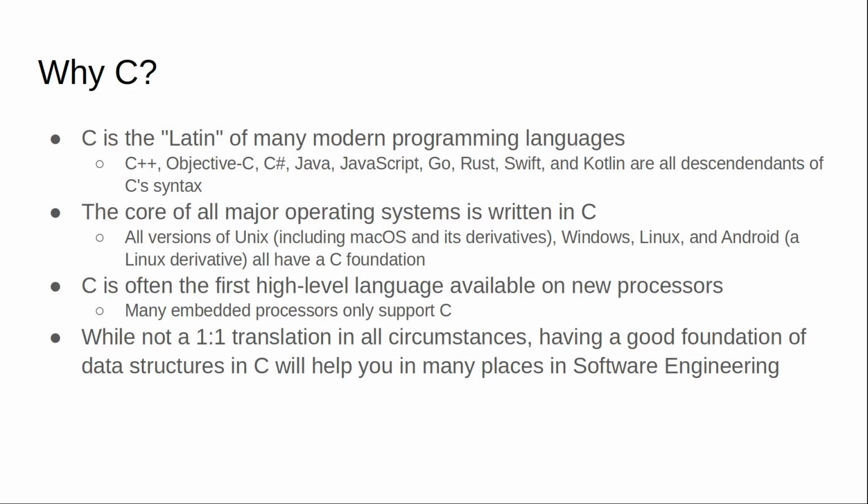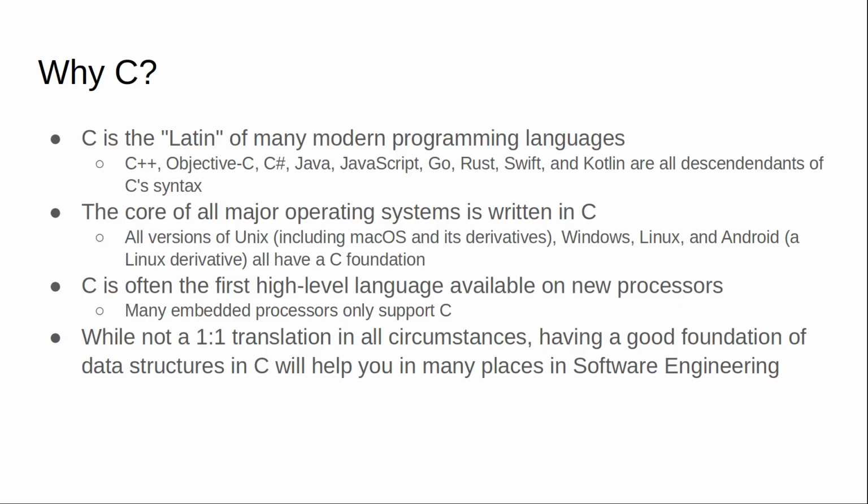The first three, C++, Objective-C, and C Sharp, all extend C's functionality literally. The rest of them just inherit the general structure. It's just a common way to write languages these days. And so having an understanding of how to do this in C will translate somewhat into other things.